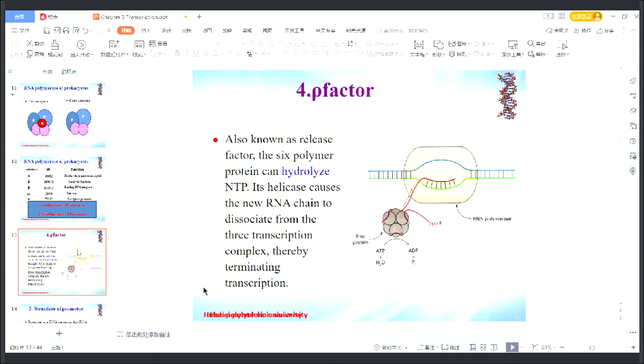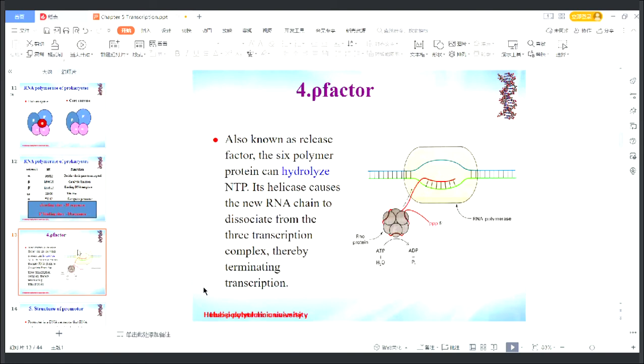Another factor, the rho factor, takes part in the termination in prokaryotic organisms. The rho factor is also a release factor.